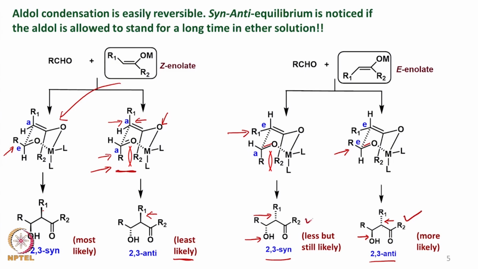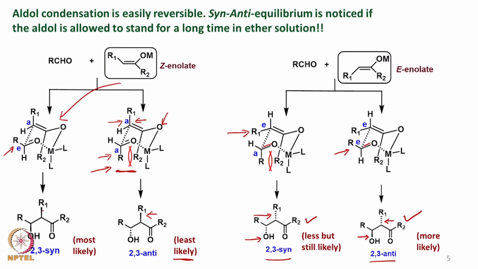To some extent this product is formed and a larger amount of this particular product is formed, and therefore we say that the Z enolate is a very good enolate to lead to the 2,3 syn product, and in this case we get somewhat a mixture of the products, because in this case this is less but still likely.